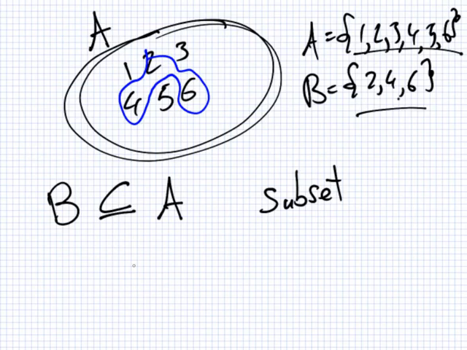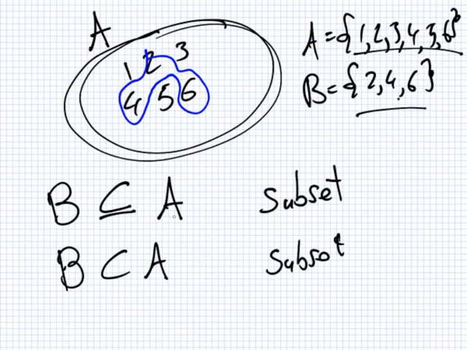Now there is a bit of a difference between that symbol and that symbol. Both mean subsets, but this symbol here has an extra meaning. Does anybody know? Close, go on, try. Use your best English to explain it.